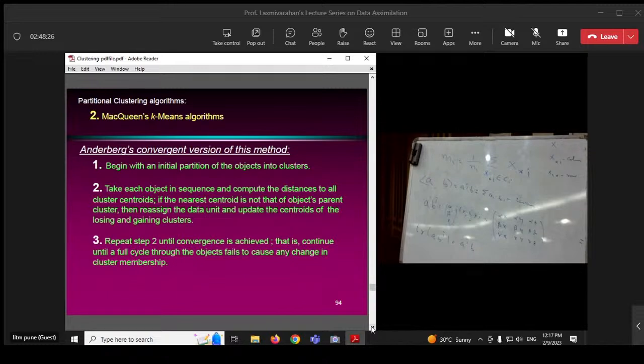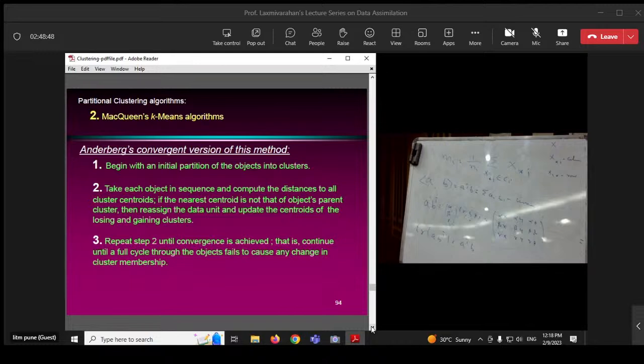look at this now. Originally, you start with the initial partition. Initial partition means you have already clustered them. For each object in the sequence, compute the distances to all the cluster centroids. I have assigned everybody, so you know the centroid of the clusters.